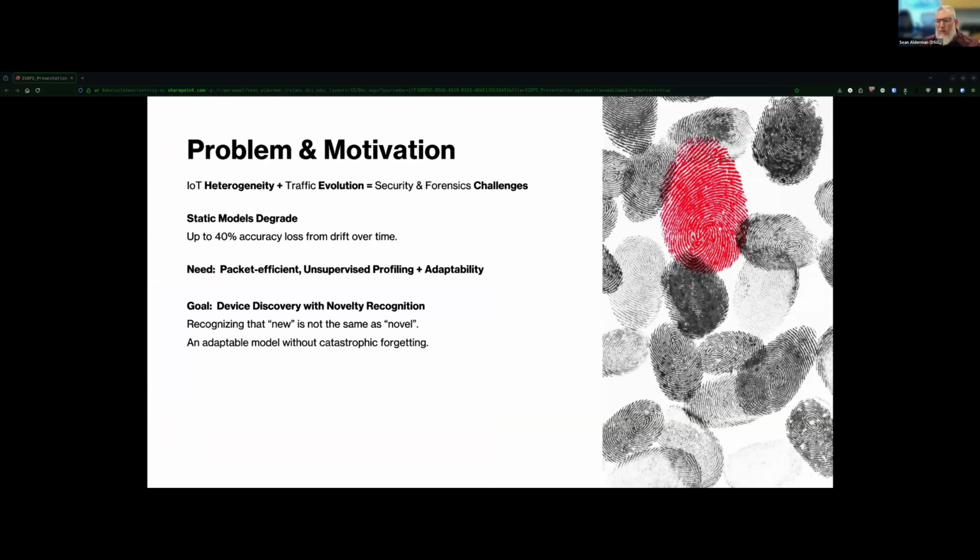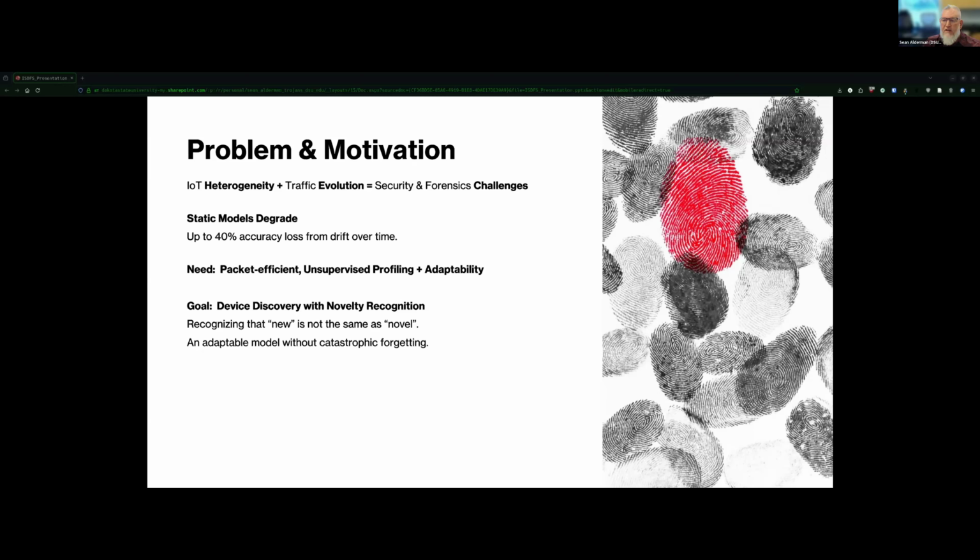Static models tend to degrade quickly, often losing up to 40% accuracy from concept drift. So what is needed is packet-efficient, fully unsupervised profiling that adapts over time without starting from scratch. Our goal is true device discovery with novelty recognition.